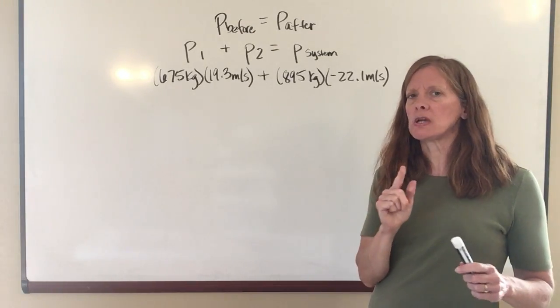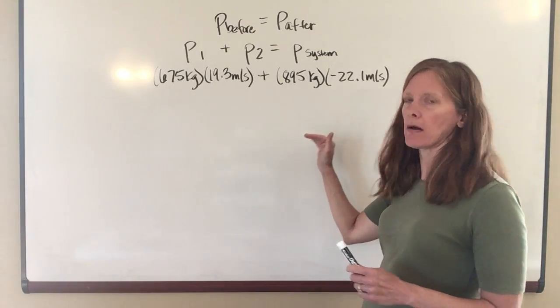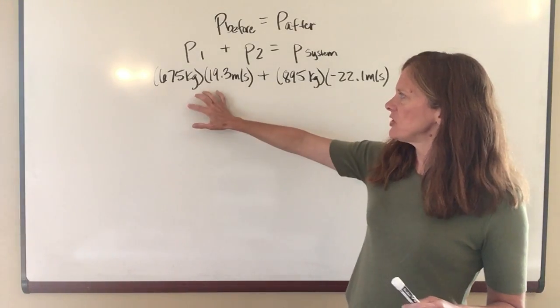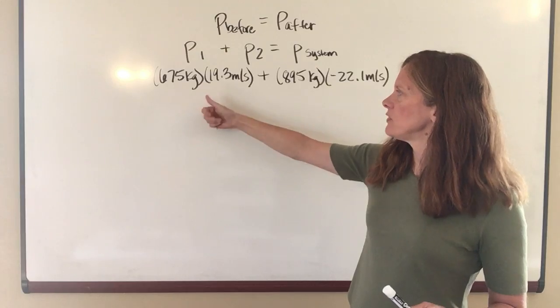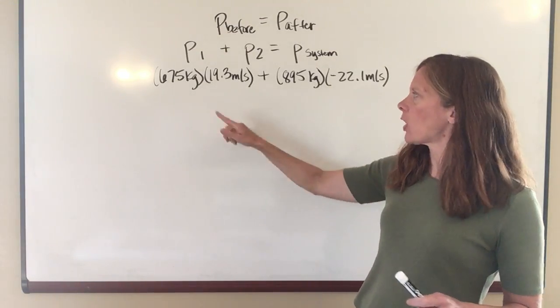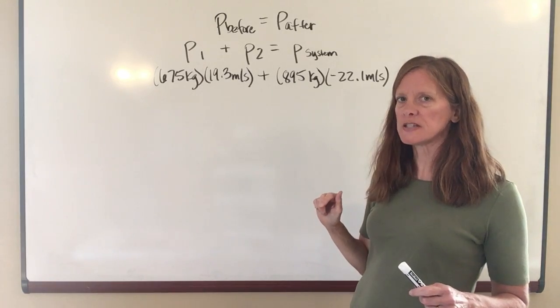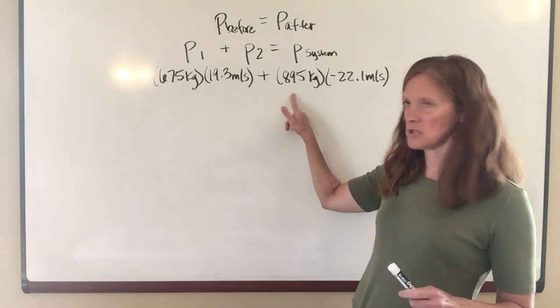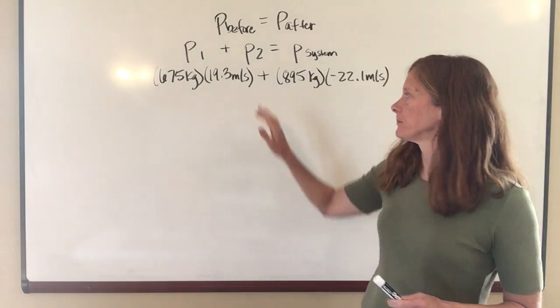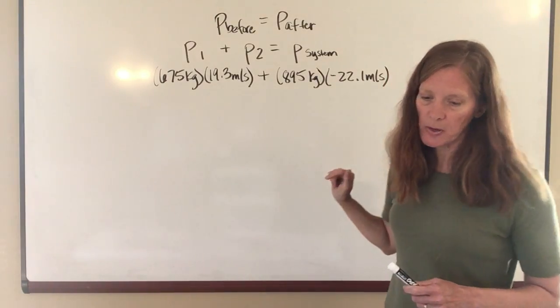Before we actually go ahead and work this problem out, I want you just to put your thinking cap on. You have this car moving this direction, this car moving this direction. Notice, first of all, which car is bigger. This one is. This car has more mass. Which car is moving faster? Again, this one is.